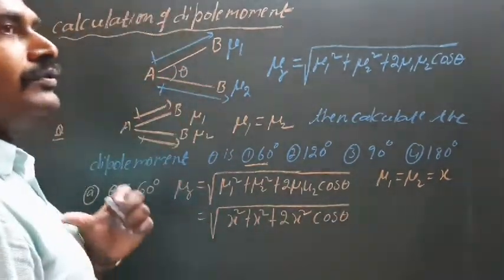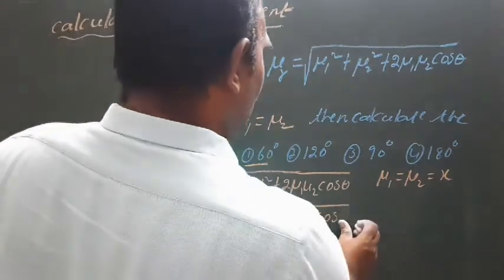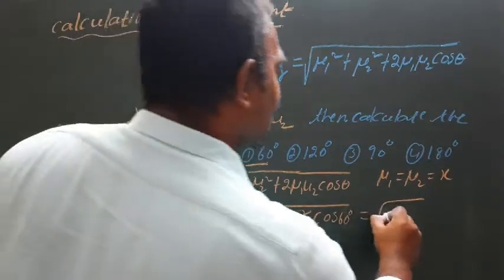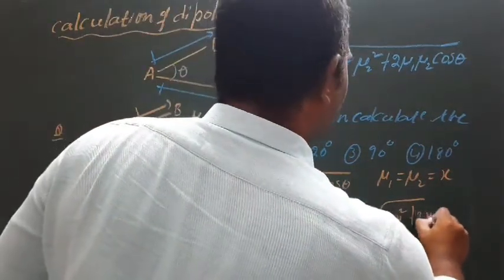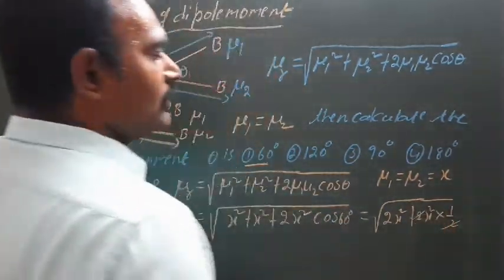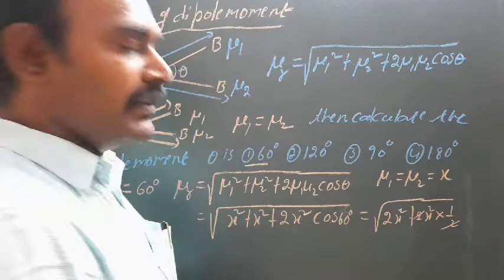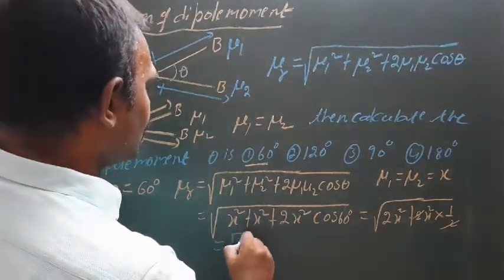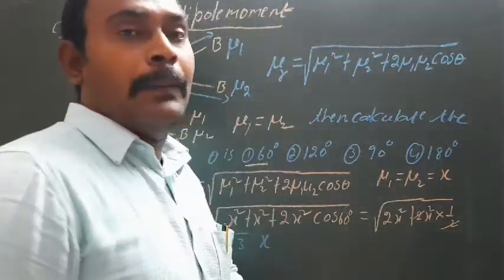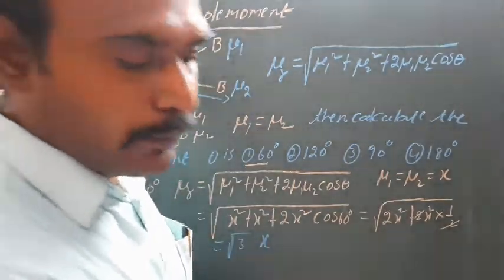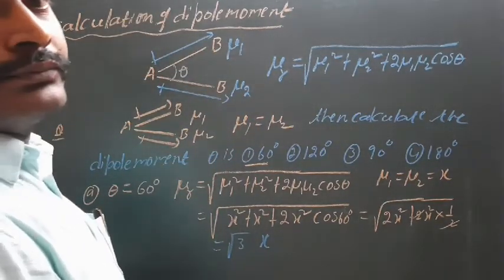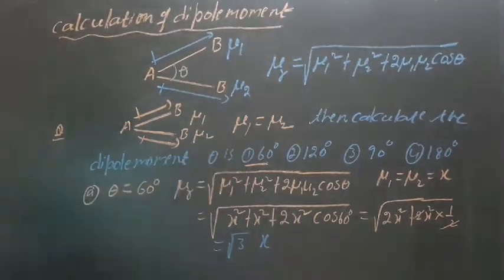Cos 60 is equal to 1 by 2. Then we get the square root of 2x square plus 2x square into 1 by 2, which is the square root of 3x square. Finally we get the answer, square root of 3 into x. So this is the procedure to calculate the resultant dipole moment of a molecule whose bonds have a particular angle. Next, the second one we will calculate at 90 degrees.